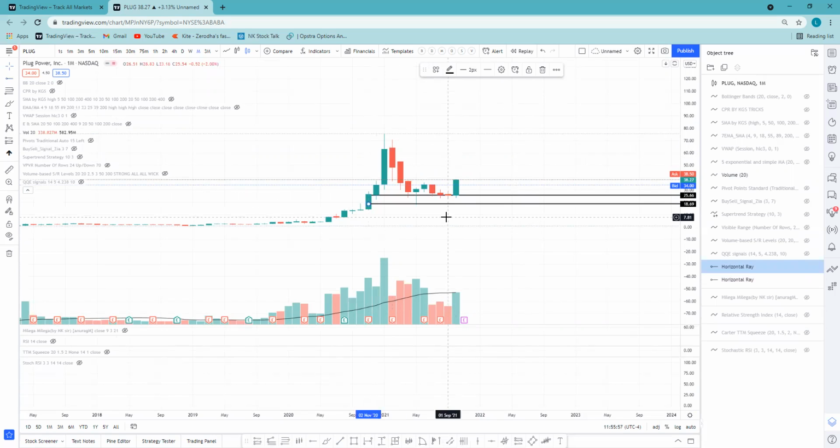Just follow this process if you really want to get proper support and resistance. I'm showing a bigger picture. You can start with weekly, day, 4 hour, 1 hour, 15 minutes, and 5 minutes, and then your support and resistance will be stronger.